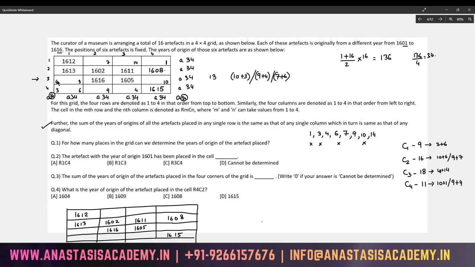So if 6 comes here, then the number coming in this column will be 7. Now 8 plus 7 is 15. 15 plus 15 is 30. There will be a 4 here. Okay, just so that we don't confuse the numbers that we have written, this is our first case.